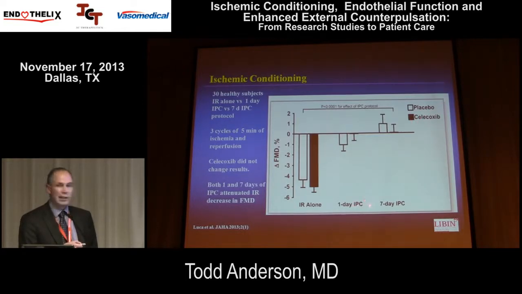With 1 day of ischemic preconditioning, as other people have shown, there was less attenuation, and this was not blocked by the COX-2 inhibitor, but for the first time showing that with 7-day, once-a-day ischemic preconditioning, endothelial function was absolutely maintained, and this was not COX-2 dependent.